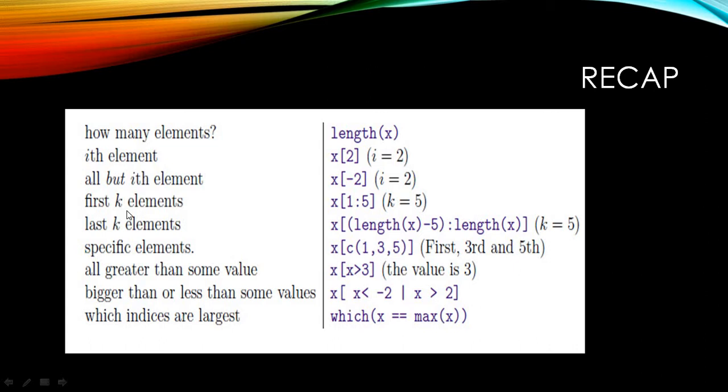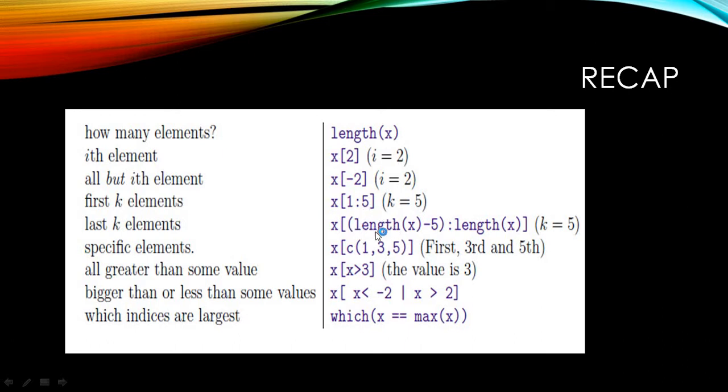Okay, now I need first k elements, then it would be x 1:5. Now last k elements, then x square bracket length x, that is the total number of elements, -5, to length x. That is to say, if I have total 10 elements, when I run this command length x, I get 10.